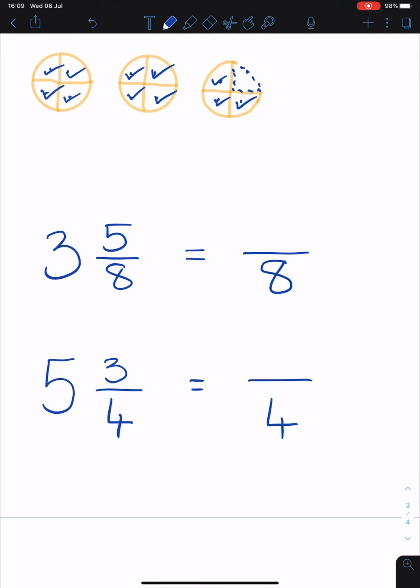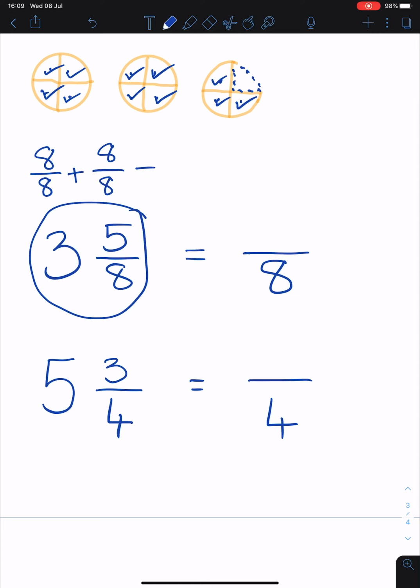Let's have a look at the questions underneath. 3 and 5/8 is a mixed number. It has a whole number and a fraction. It is called a mixed number. How would I write it as an improper fraction? Well, my 3 whole pizzas would be 8/8 plus 8/8 plus 8/8.